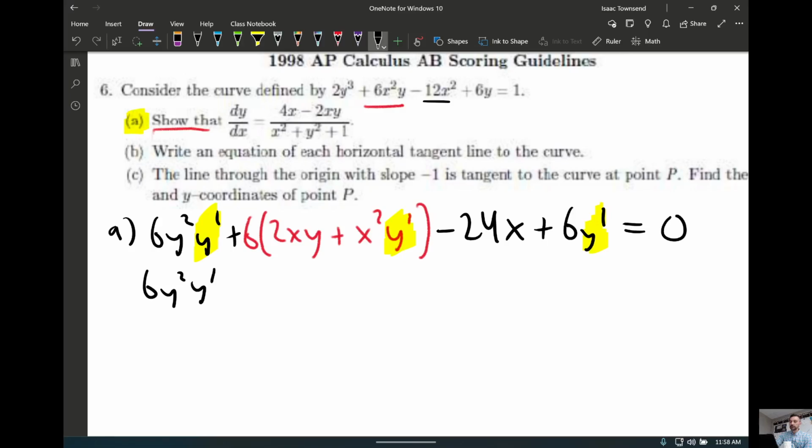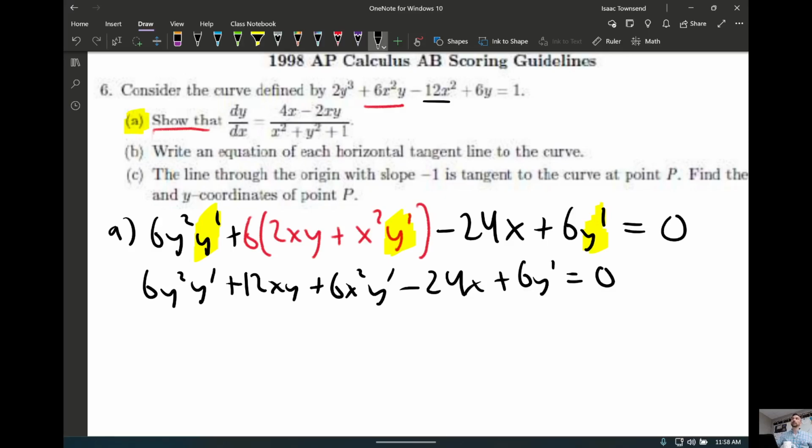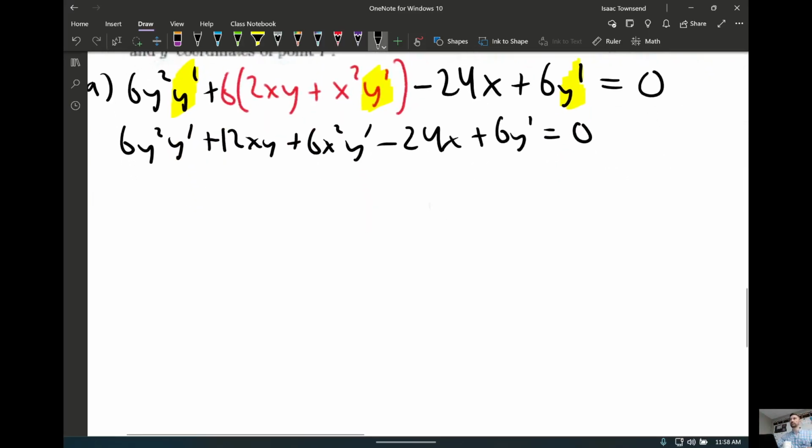All right, if we distribute this 6, just like on the other page, we still need to algebraically solve for y prime. What is y prime equal to? But it's usually got a lot of pattern to it. Basically, anything with the y prime, let's just leave it on this side.